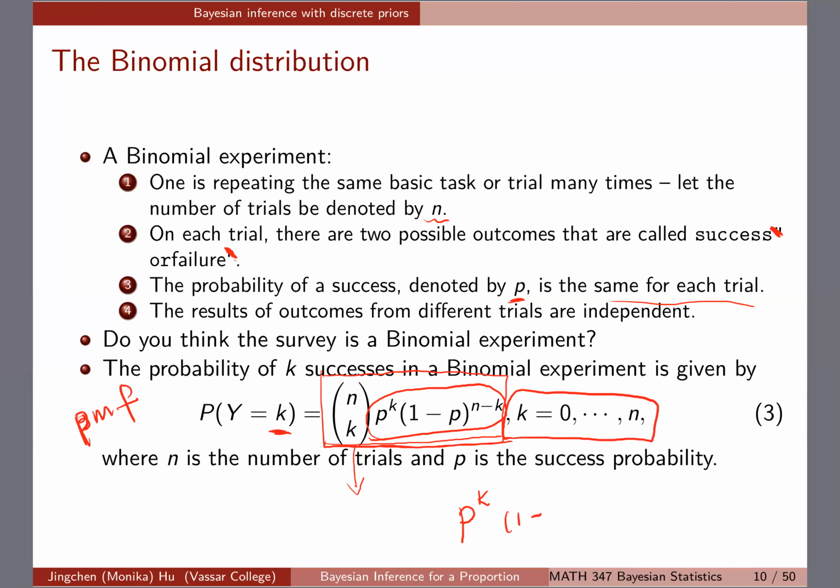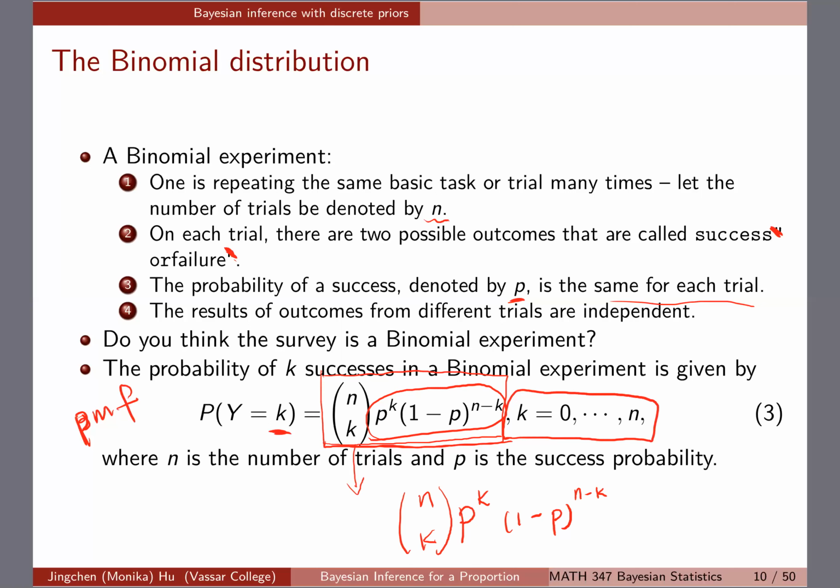And then the failure probability, 1 minus p, is raised to the power of the number of failures, n minus k. Because there are n choose k, that's the combination, the number of ways to get that, this will be the actual probability of getting exactly k successes.